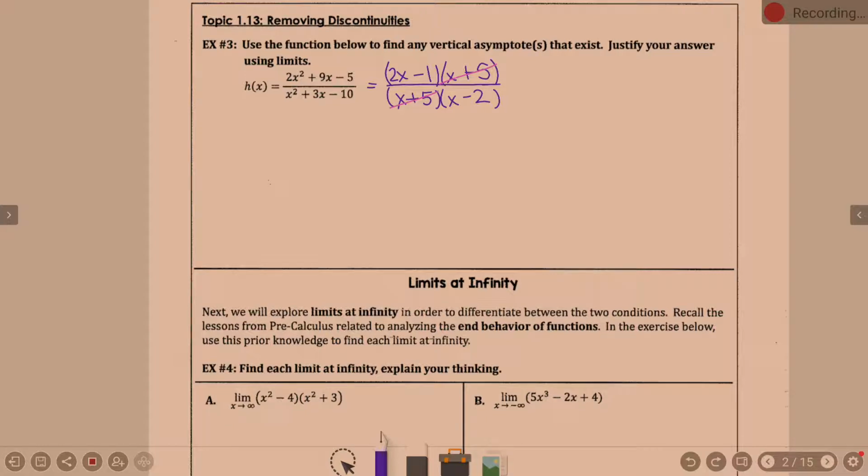And I will say that this is now equal to (2x minus 1)/(x minus 2). Now, if we're going to talk about this in terms of limits, where is there a vertical asymptote?